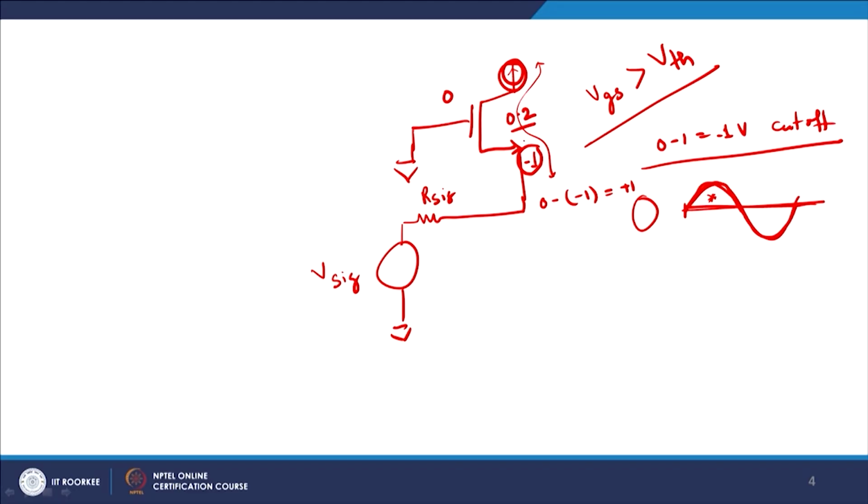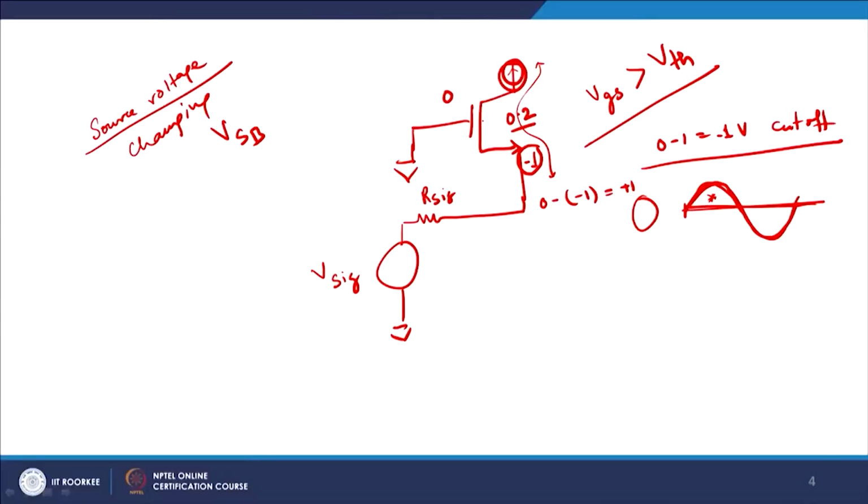With this, one more problem area which maybe I can discuss with you is that your source voltage is always changing, right. Why is it changing? Because you have applied a V sig here. Now, the signal voltage will change and therefore this voltage will go on changing, right.